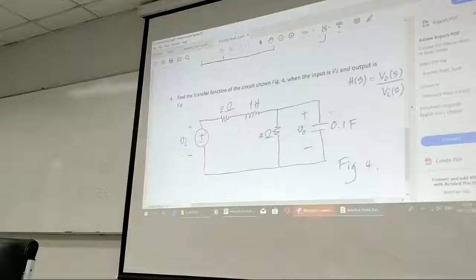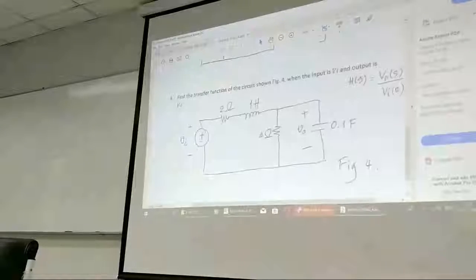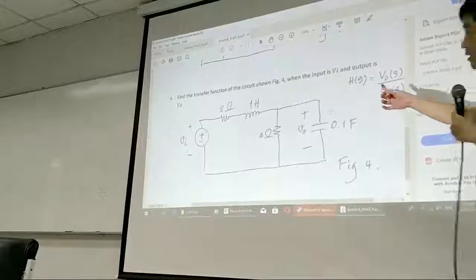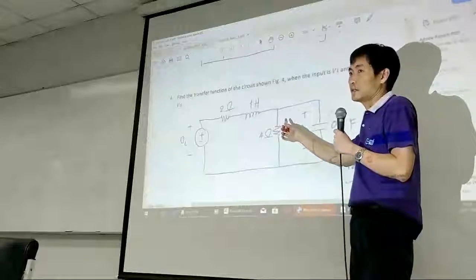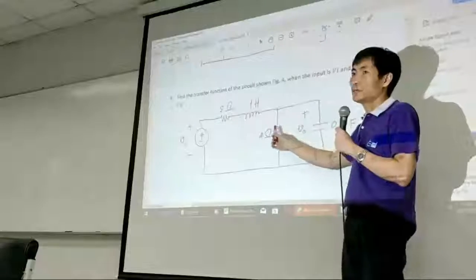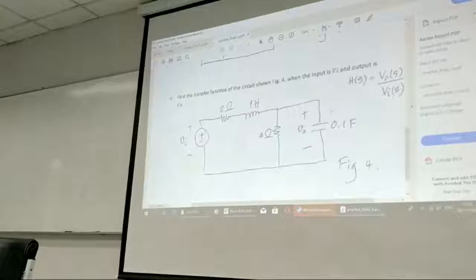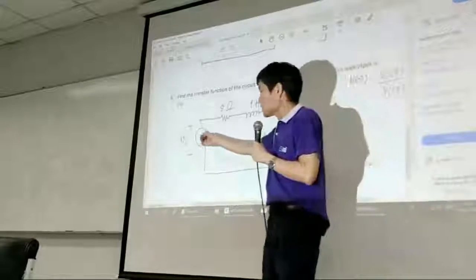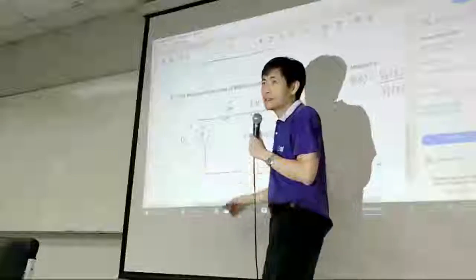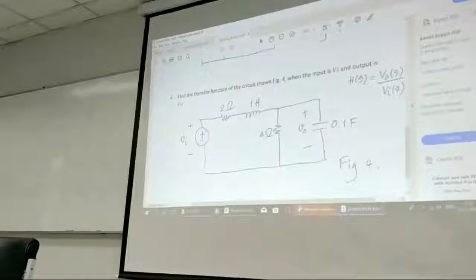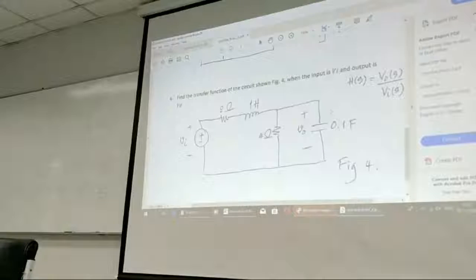Okay. So the transfer function is the output in S domain divided by the input. But it depends on what the problem tells you to be the output. If the input is the current source, then the output is the current, the input as the current.